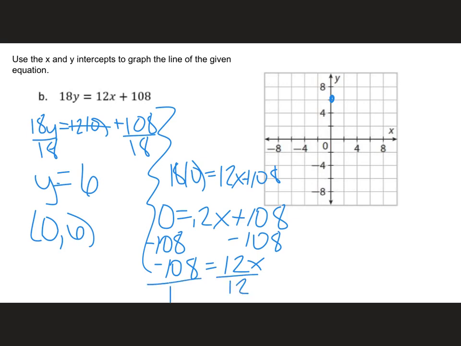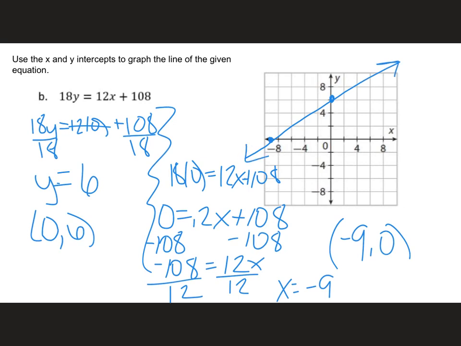So divide by 12, and then 108 divided by 12, you should get -9. So x here is -9, or (-9, 0) as an ordered pair, which would put it here. This scale is counting by 2s, so it's going to be halfway between -8 and -10, which is the edge of the graph. And then there would be the line of the graph.